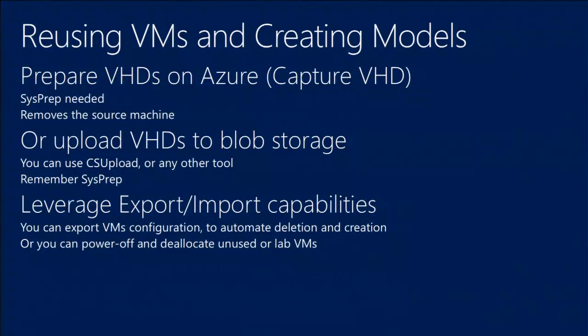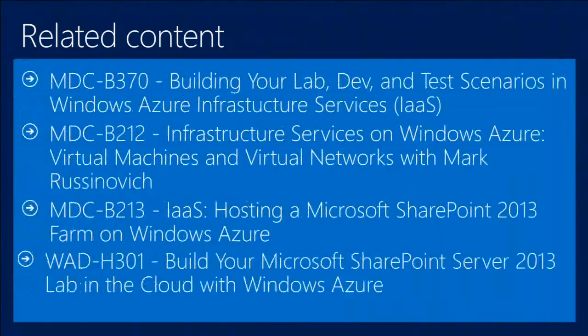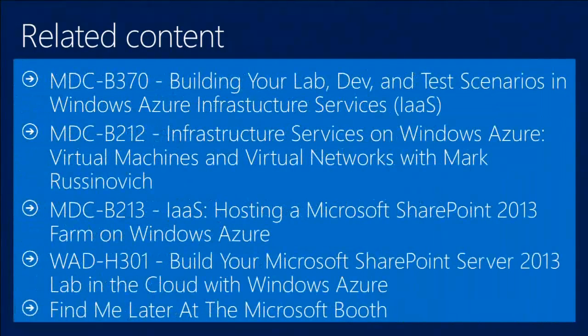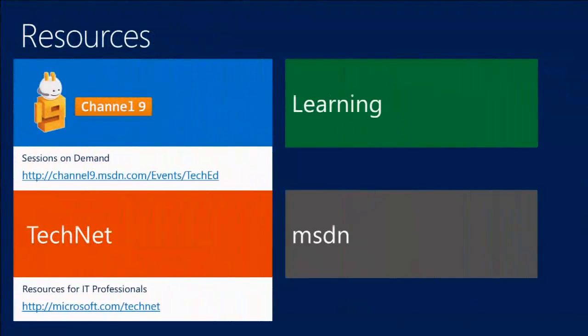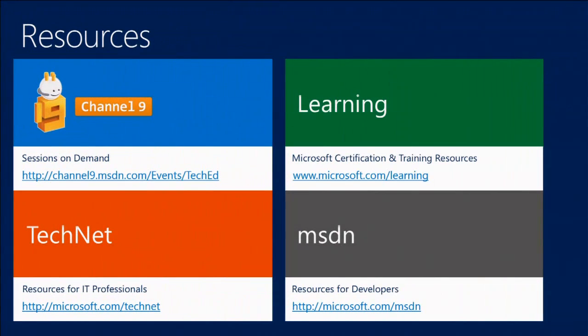And a deallocated VM does not have to be paid for. So when your VMs are running, you pay on a minute basis. And when your VMs are turned off and deallocated, you simply don't pay. Be careful that to deallocate a VM, you have to shut down the VM from the management console or from PowerShell.